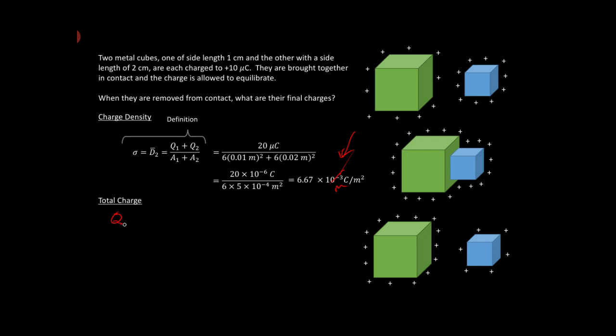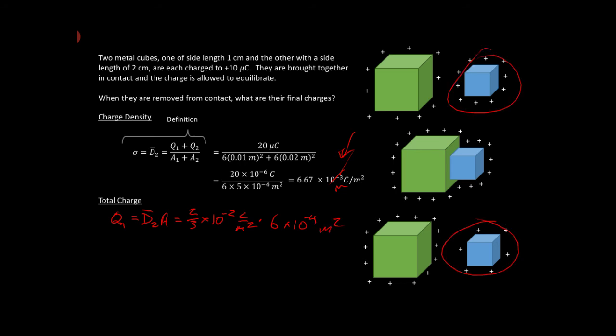Q1 is equal to the density, d bar 2, times the area, which is 2/3 times 10 to the minus 2 coulombs per meter squared, and the area we said was 6 times 10 to the minus 4 meters squared for this one.